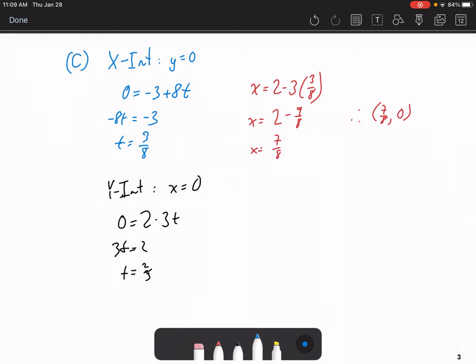And again, you can pause the video right now and figure out what your y-intercept is. Go. That's how you work out your intercepts.